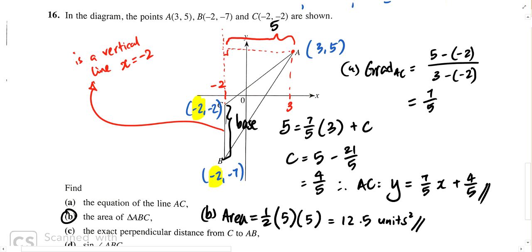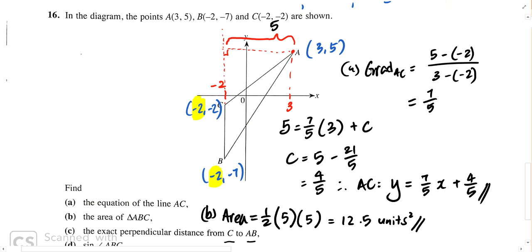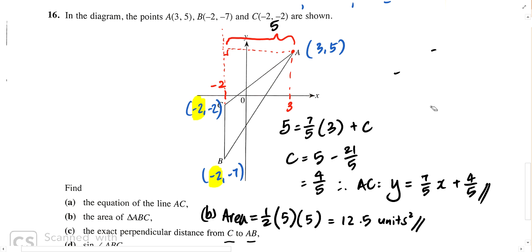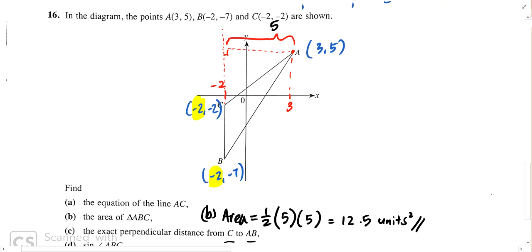Now the next one, to find the exact perpendicular distance from C to AB. We need to be able to identify which distance they are referring to. From point C to AB, the exact perpendicular distance. So what would this be? If we know the coordinates over here, then we can use the formula for the length of the line segment.